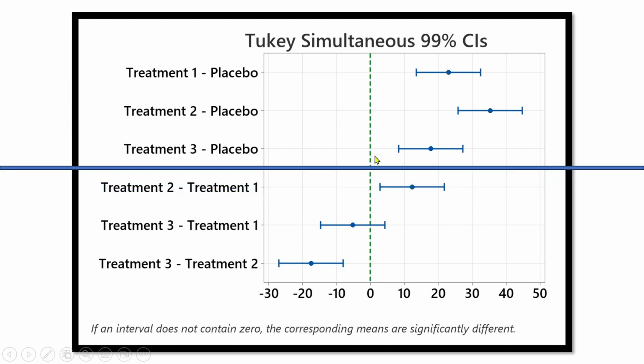Here we can clearly see that each treatment is better than the placebo because the confidence interval for the difference between those population mean responses, all of these confidence intervals are on the right side of 0. They all contain only positive values.